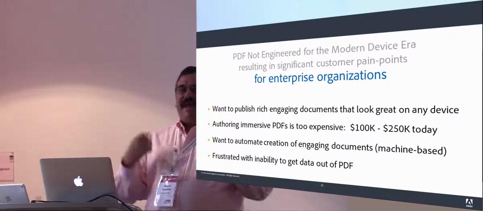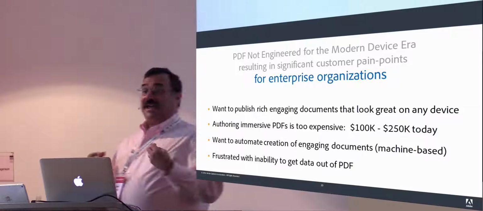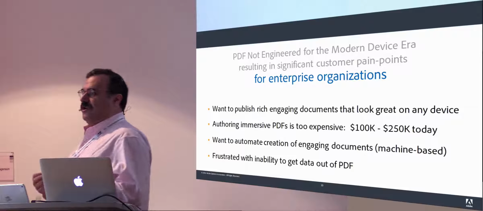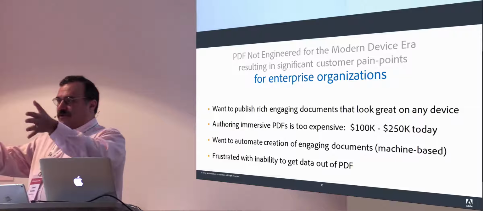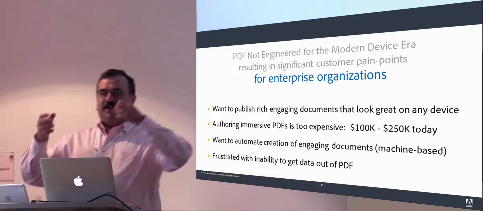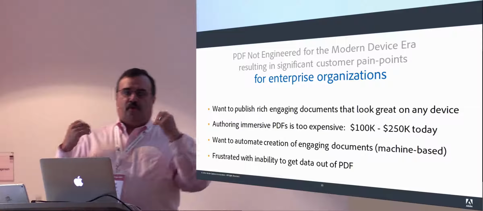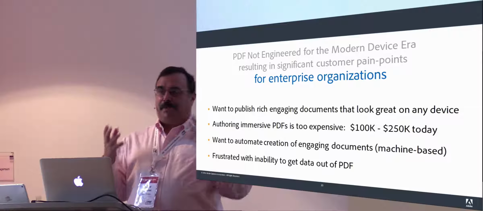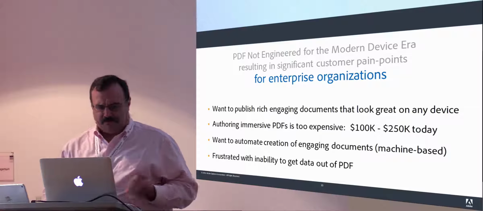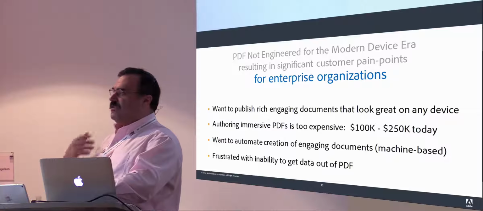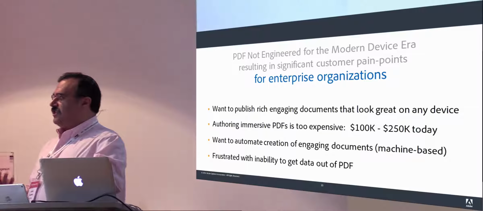Customers want to be able to get that information back out in a machine-readable way, so that they can do something with it. They don't just want to see it. They don't want to see a picture of a table. They actually want the real table of data. They want the equations, the formulas that went into building that table of data, so that they can do additional processing on it. So very important, and certainly we've made some strides in this area.